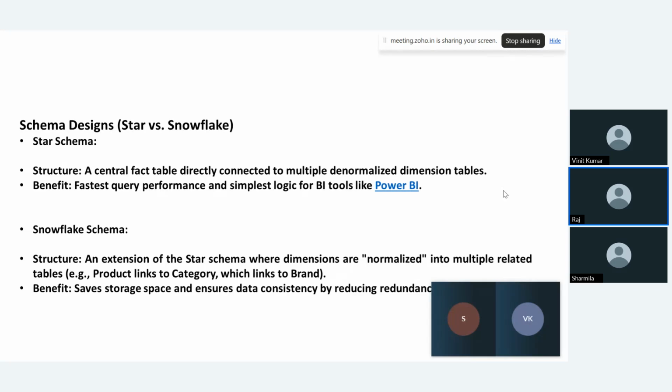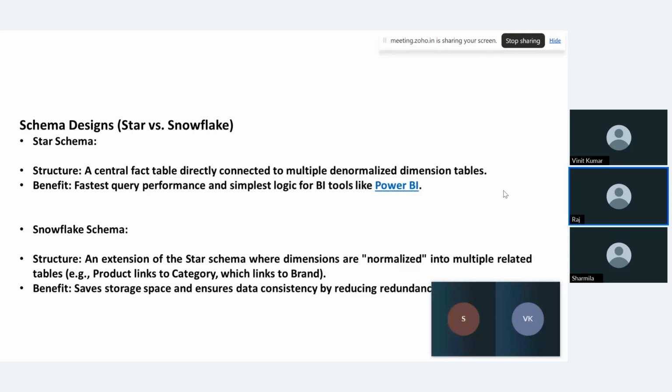If we know star and snowflake schema, we should also have an idea about what a fact table and dimension tables are, because both schemas contain fact and dimension tables.